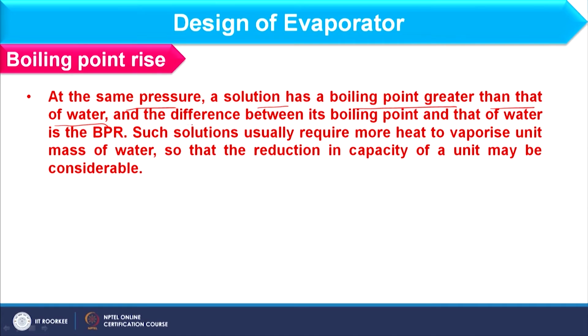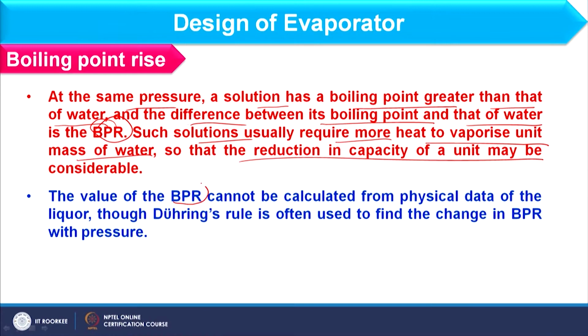The difference between its boiling point and that of water is the boiling point rise or BPR, or sometimes we also call this boiling point elevation. Such solutions usually require more heat to vaporize a unit mass of water, so the reduction in capacity of the unit may be considerable. In this way we consider the boiling point rise in a solution.